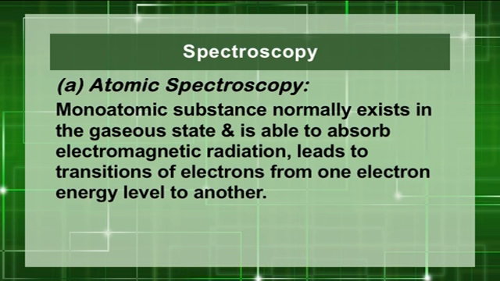A monoatomic substance normally exists in the gaseous state and is able to absorb electromagnetic radiation, which leads to transition of electrons from one energy level to another.